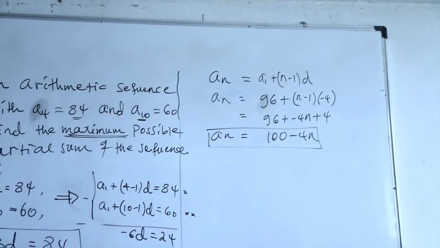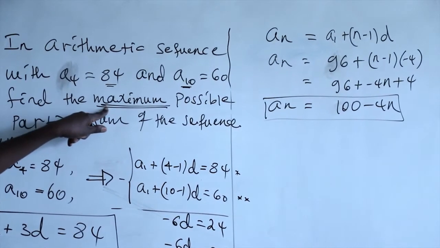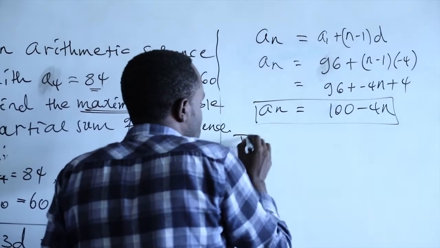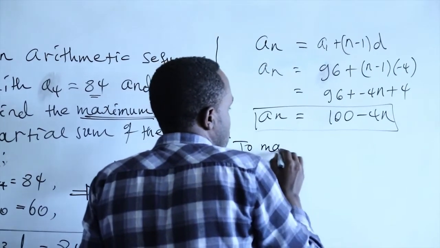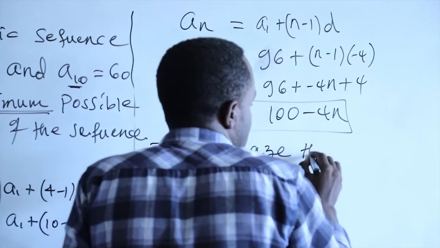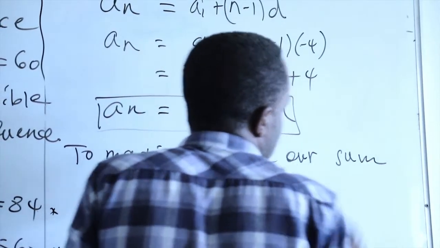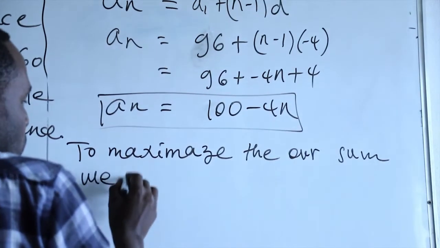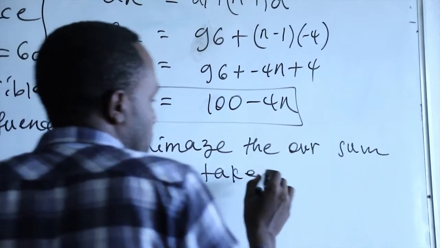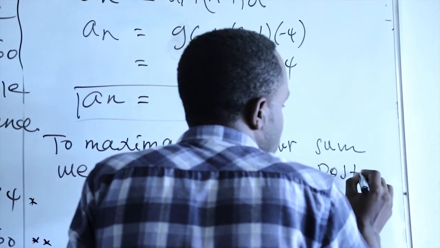Now, to maximize the summation, which is a partial sum, we must take only positive terms.